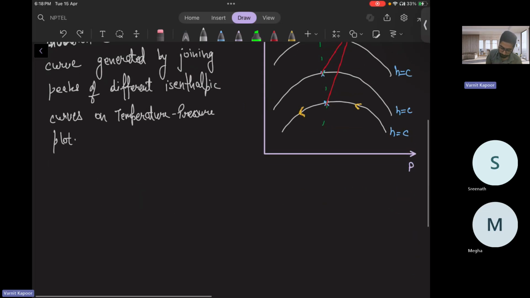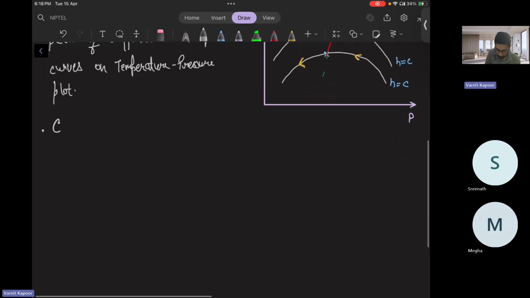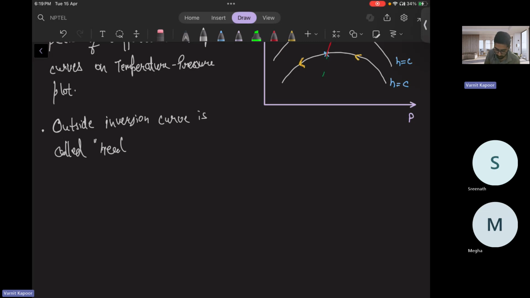Let me write here: it's called heating, and it has a negative slope.